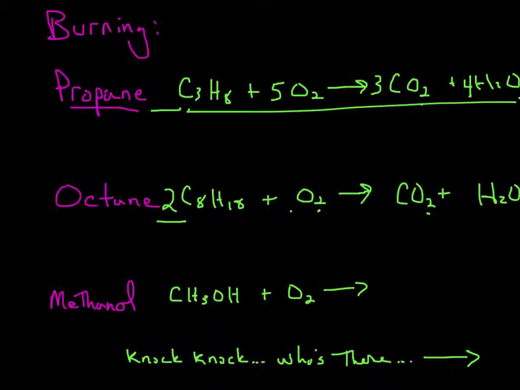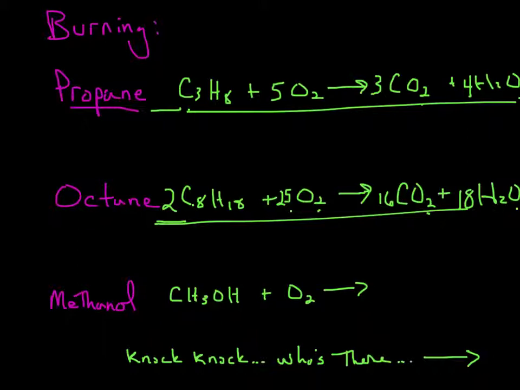So 2 times 8 is 16, so I put a 16. 2 times 18 is 36 hydrogens, so I need 18 waters. That gives me 18 oxygens plus 32, that's 50. Well, 25. And guess what? We're now balanced.